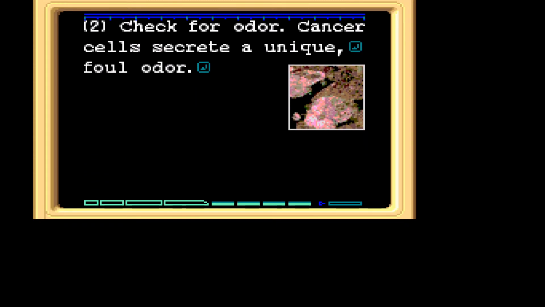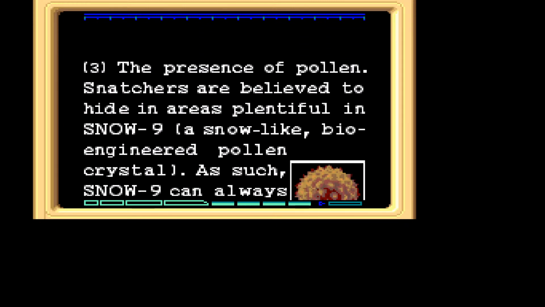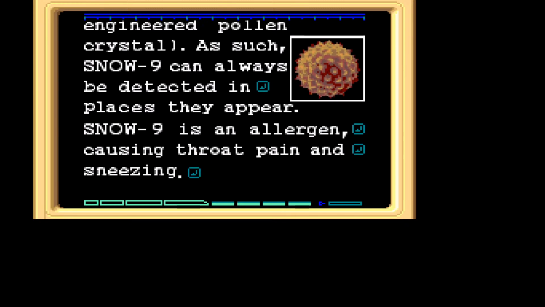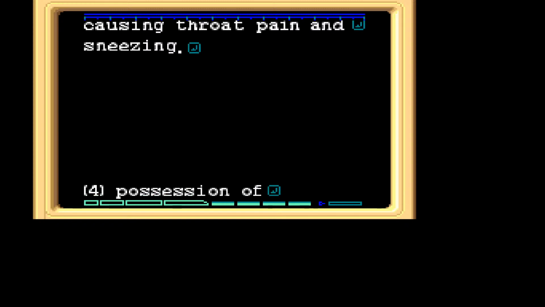Check for odor. Cancer cells secrete a unique foul odor. 3. The presence of pollen. Snatchers are believed to hide in areas plentiful in Snow 9, a snow-like bioengineered pollen crystal. As such, Snow 9 can always be detected in places they appear. Snow 9 is an allergen, causing throat pain and sneezing.